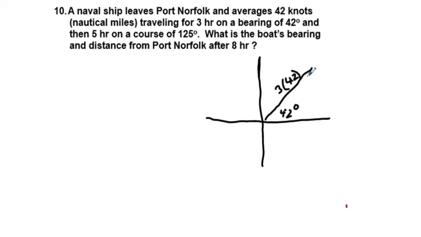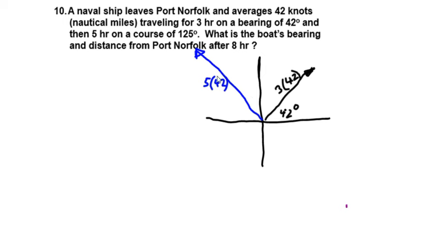So that's the distance. Okay, and so you're going to get an x value by taking 3 times 42 times the cosine of 42 degrees, and then the y value you're going to get by taking 3 times 42 times the sine of 42 degrees, and then 5 hours on a course of 125 degrees. And so here's going to be about 125 degrees out this direction, but this one is going to be at 5 times 42 knots, right?